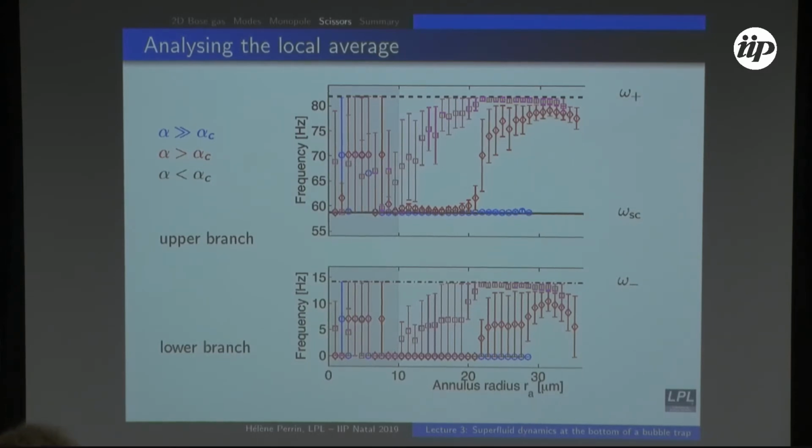So what was happening before is that when I take the average xy, I give more importance to large values of xy. And so the contribution to the oscillation was larger for the thermal gas, which is away, and less important for the central part. So it was masked.